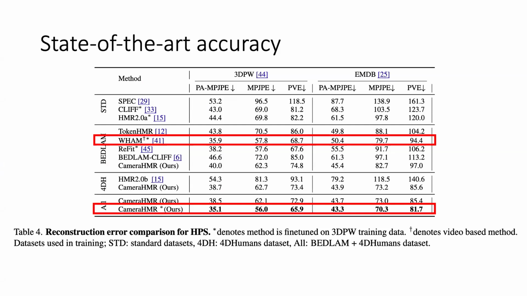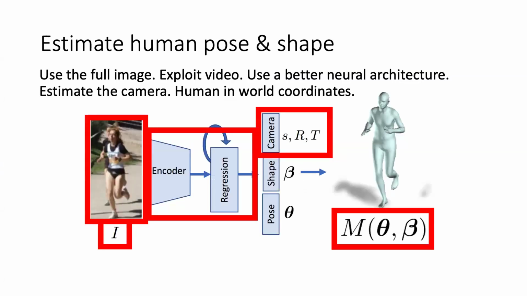I think this is still true, and it competes well with everything, even the best multi-frame methods at the time we wrote this, like WHAM, which was about the best. It does really well, but it doesn't estimate people in world coordinates. It does a better job of estimating the depths of people because it is also estimating the focal length, but it doesn't put people truly in world coordinates. So let's look at how to do that.